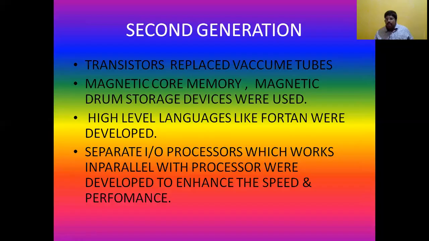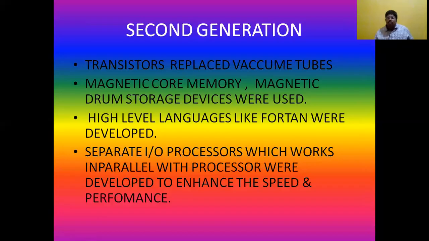And I think you all are much familiar with this name, Fortran, F-O-R-T-R-A-N. Fortran is one of the computer languages. This particular computer language, Fortran, was developed and it was executed successfully in second generation computers.